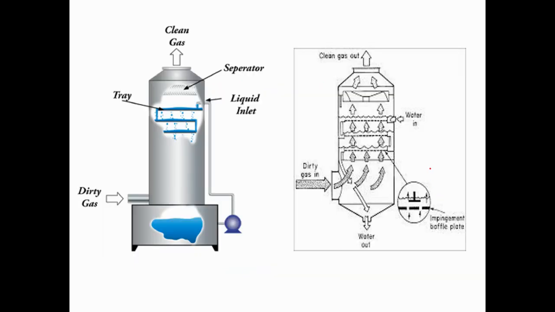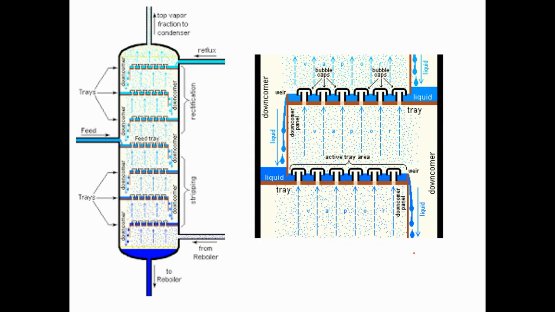See here, this is a diagram where you can see how these liquid inlets are there. You already discussed this in absorption, and this is a packed tower. This is absorption and this is adsorption. Here the packed tower is there, and the gas comes in contact with the tower, and the removal of the gaseous pollutant takes place.